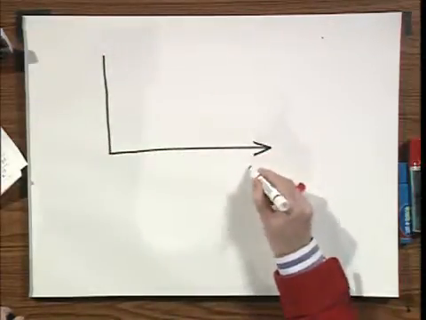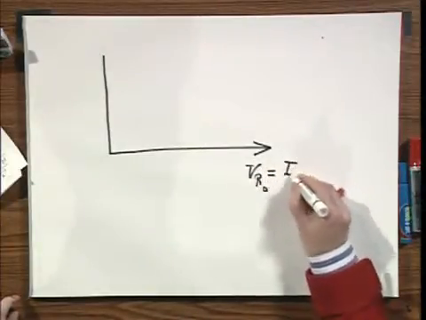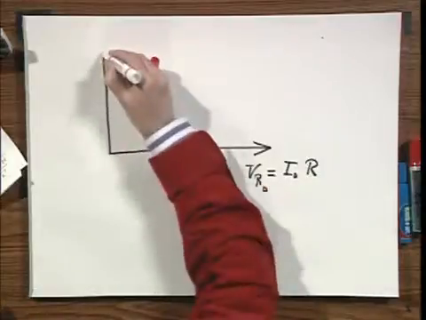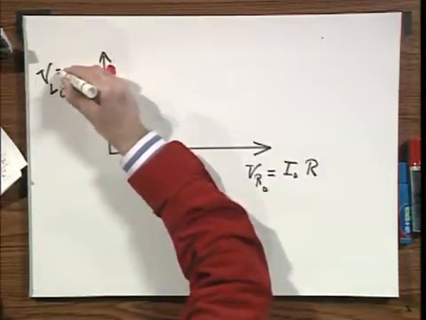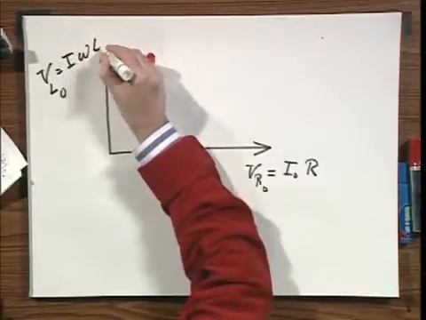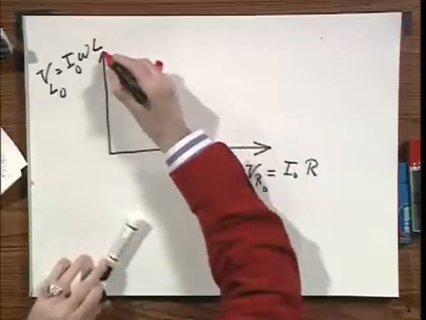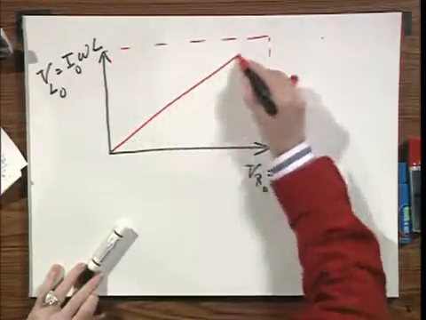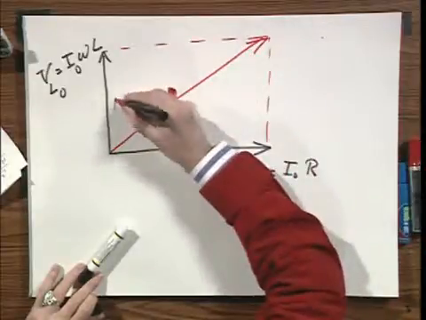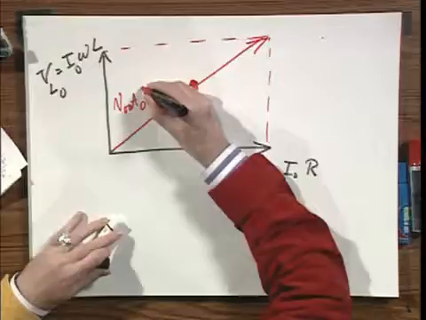This is the vector amplitude, I0 times R, and this is the vector which is ahead, amplitude I0 times omega L. And so taking the phase into account, this will now be what the voltmeter V out will read, amplitude.